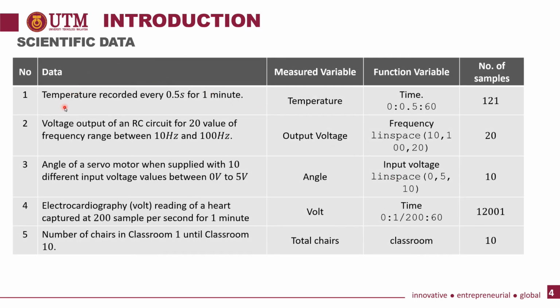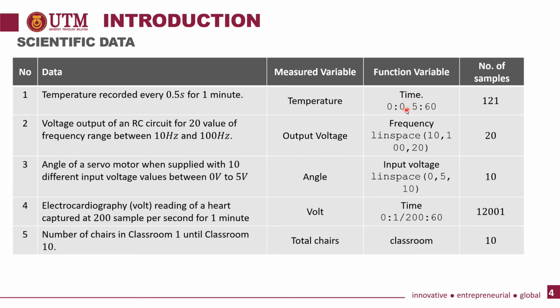For example, temperature recorded every 0.5 seconds for 1 minute. The measured variable, the variable that you wanted to measure, is temperature. And then the function variable is time, which starts from 0 until 60 seconds, which represents 1 minute. The interval is 0.5 seconds.